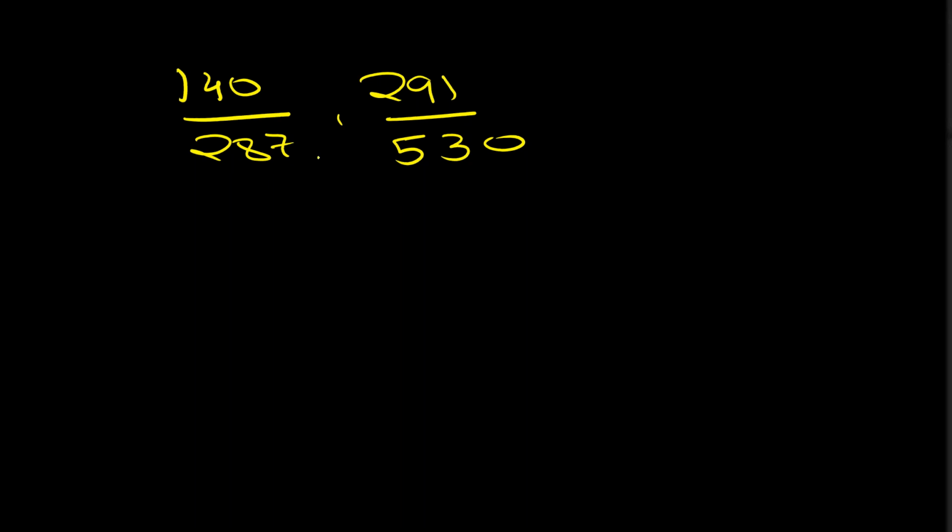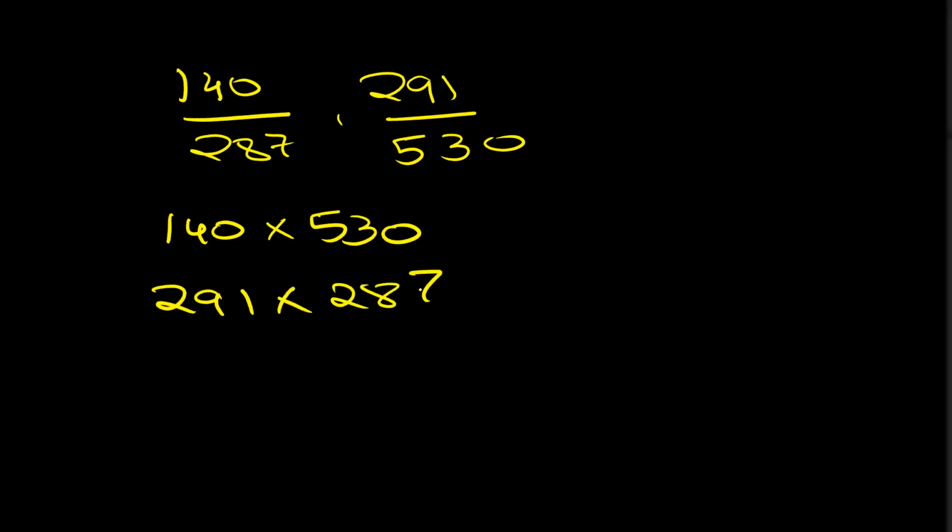If I use the butterfly method, first I'll take the first fraction, so 140 into 530, and then I'll multiply 291 into 287.